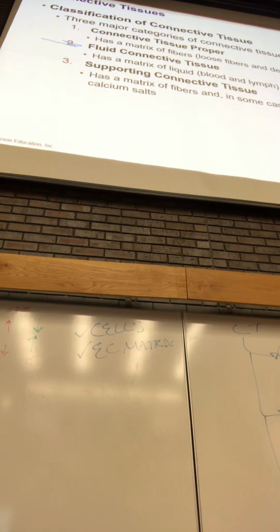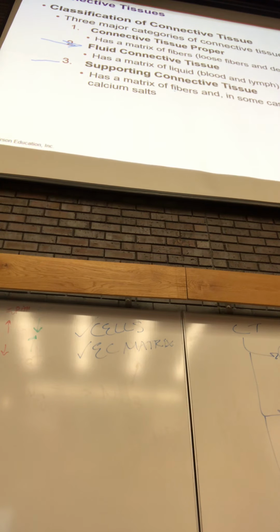In fluid connective tissue, there are cells, of course, but the extracellular matrix is a liquid. Example, blood with red and white blood cells, and then the liquid they're floating in, which we call plasma. Red blood cells float down a river inside our blood vessels, and the river water is plasma. It's the liquid, but it's a connective tissue.